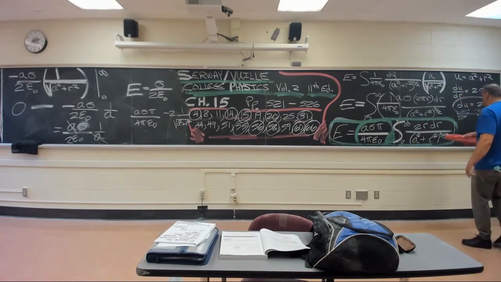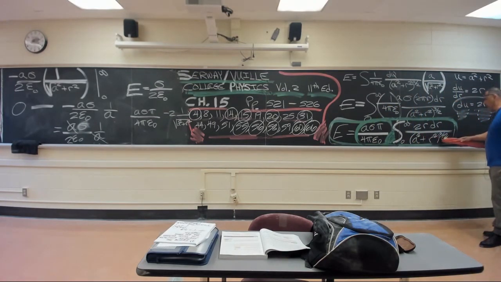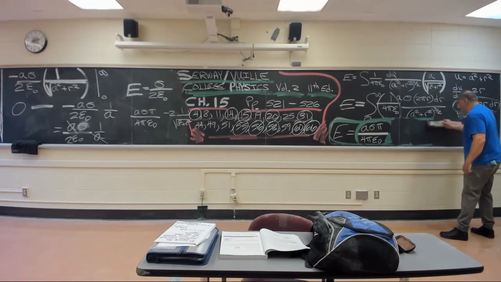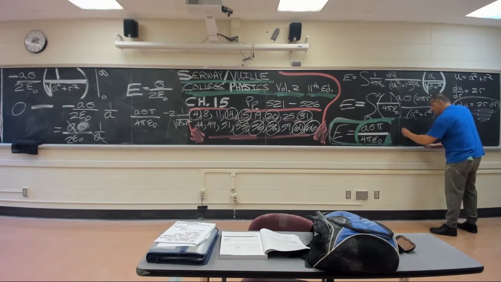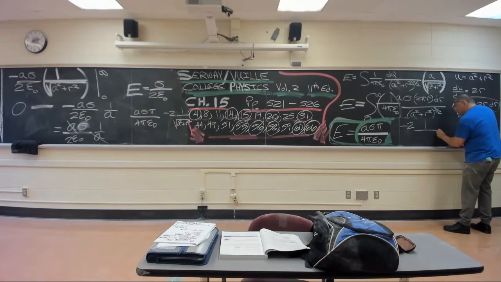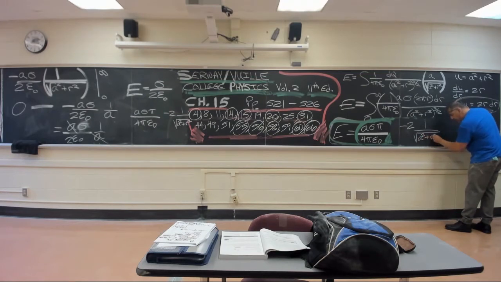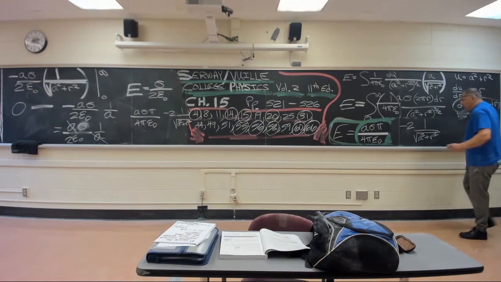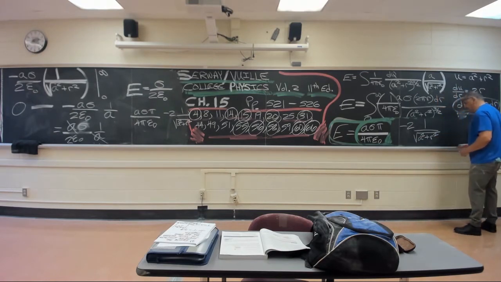When you actually did the integral right here, that's where you got the negative 2. That's where you got the negative 2 times u to the negative 1/2, which is equal to this. And that's how we were doing it, guys.